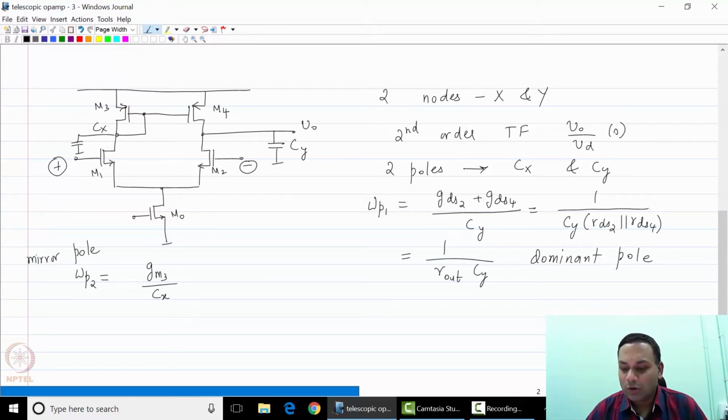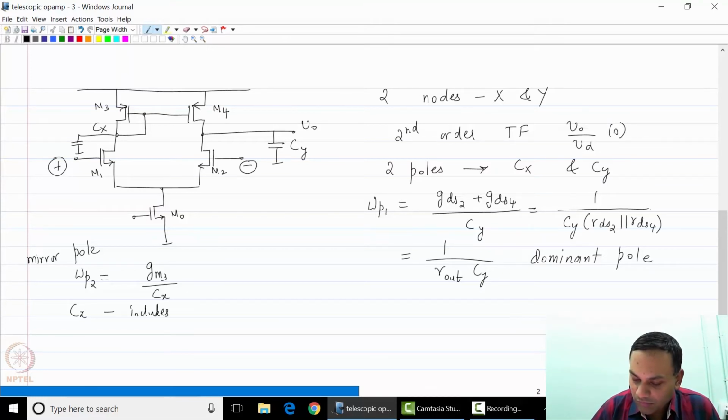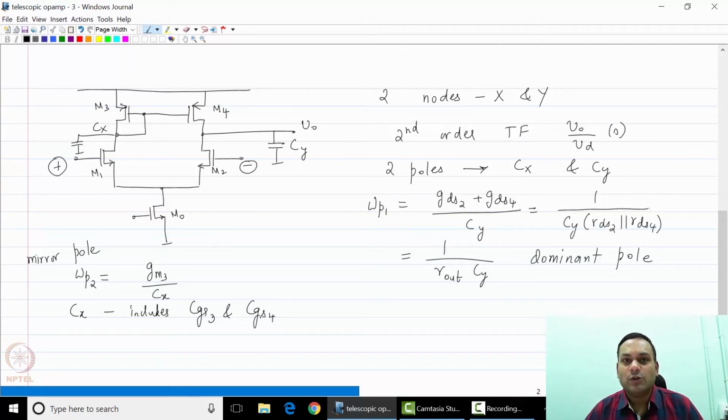As we pointed out, Cx could be important because Cx includes CGS3 and CGS4. Because these two gate source capacitances can be quite large, Cx can be significant enough to affect the phase margin of the op-amp in closed loop.